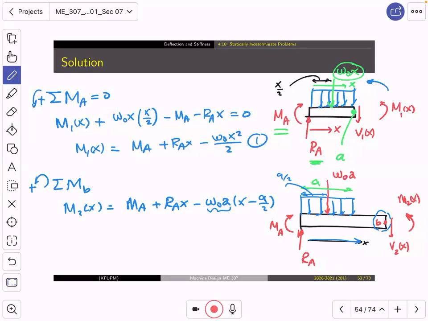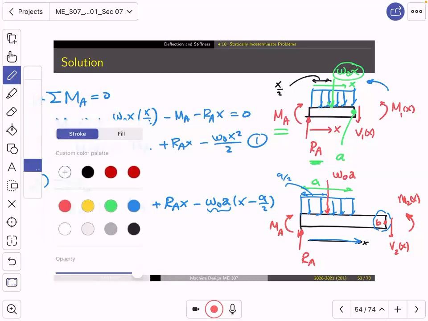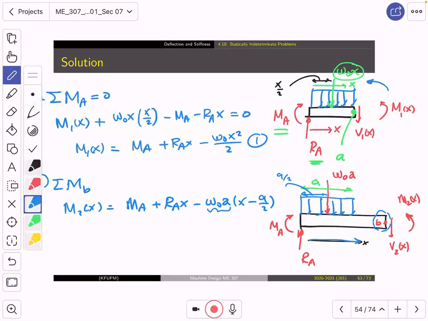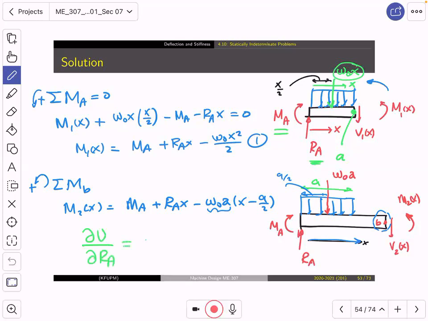Now, what is new over here? Listen to me carefully. We will assume that RA is what we call the redundant reaction. What does that mean? It means that I will apply Castigliano as follows, where del U over del RA is equal to 0.